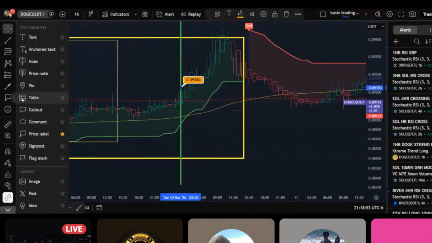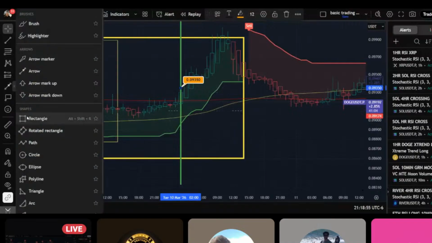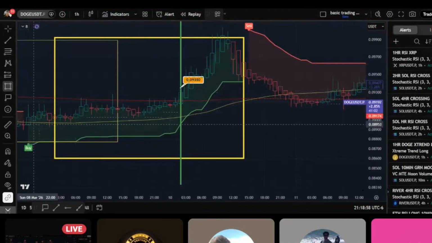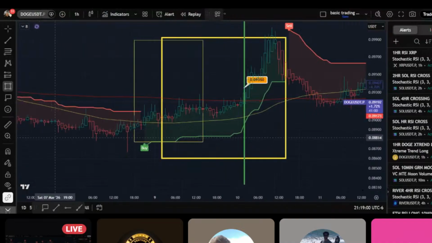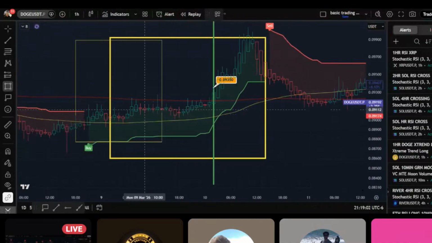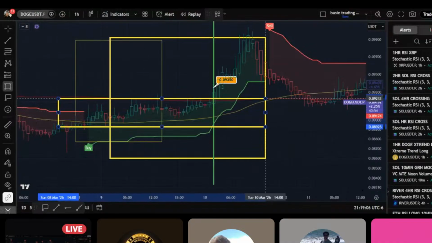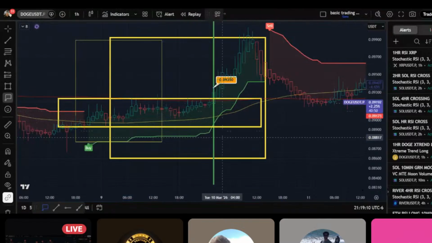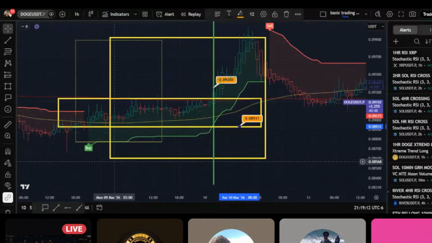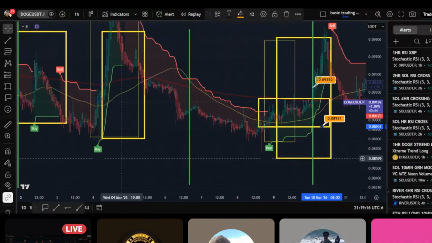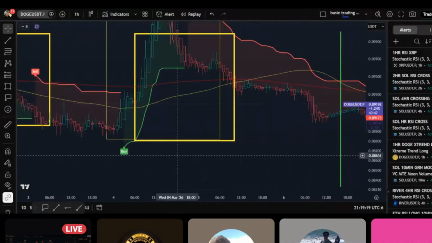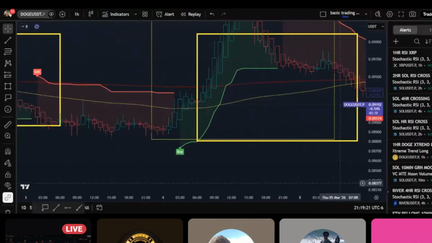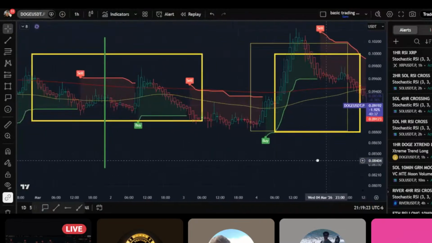Once again, if we were playing the River cluster basics here, it would look like this sideways movement here, which would put us around this section here. So that would be the cluster for us. And once again, it would put our entry at a lower level here, right? So that cluster side isn't going to be something we're going to be looking into on Doge. It just doesn't have that scenario. It doesn't really work like that with Doge.